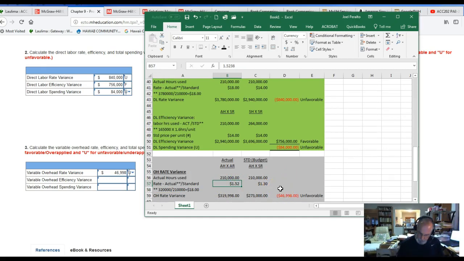Let me make this a formula. 320 divided by 210.